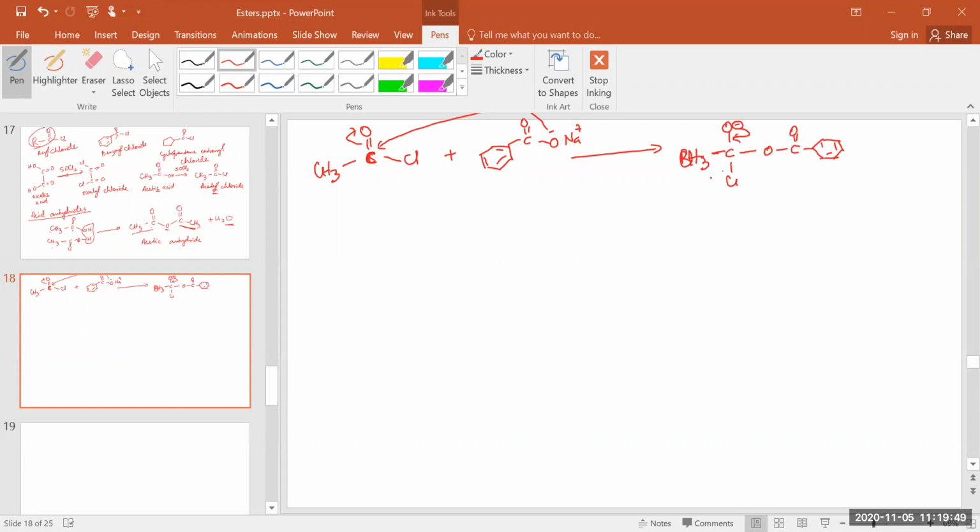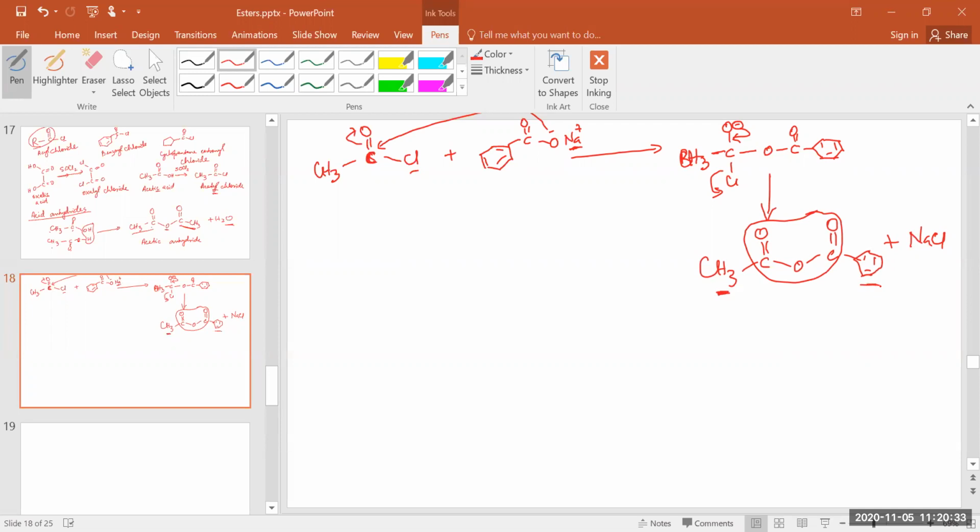Then the chloride will leave. So you get CH3COOCO and the phenyl ring, plus what will be the byproduct? The counterion sodium and Cl minus: sodium chloride. So this is an anhydride, COOCO, but this is called a mixed anhydride, not symmetrical. This side is CH3, this side you have phenyl.